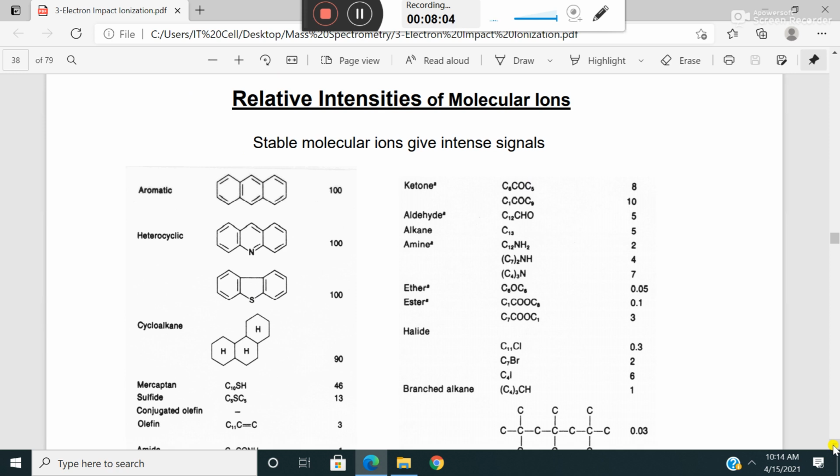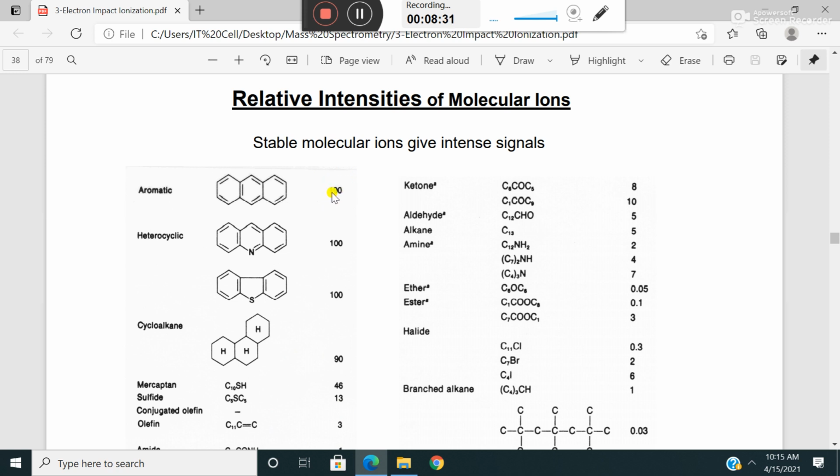Now, this information is very interesting for you. You will be interested to know which peak gives you the maximum relative abundance, the maximum intensity. The peak which is most stable gives you the highest intensity, that could be the base peak.